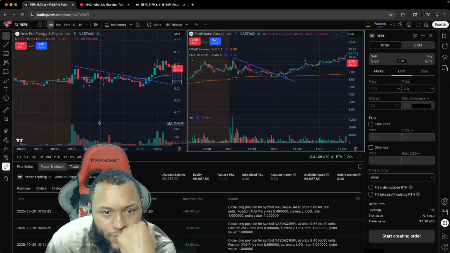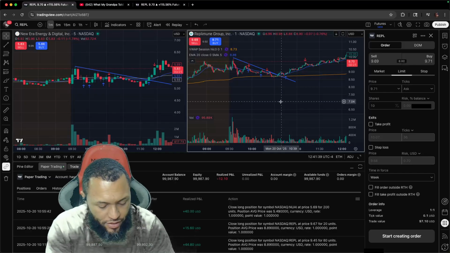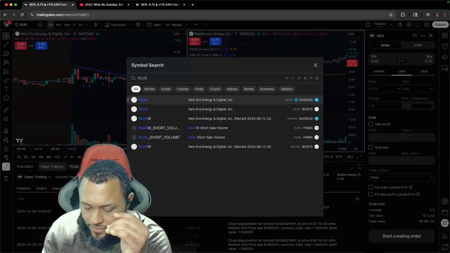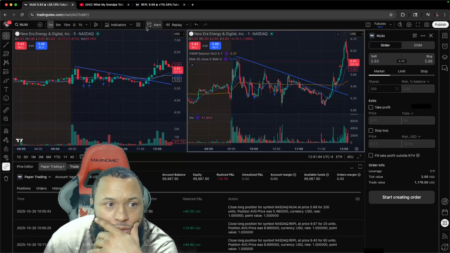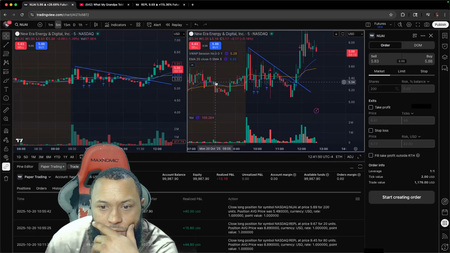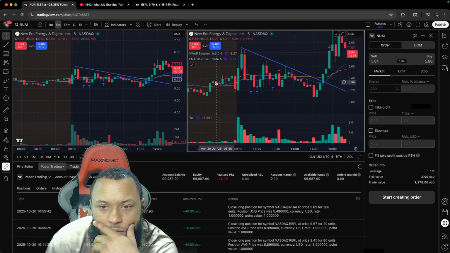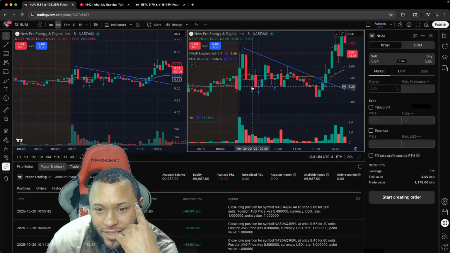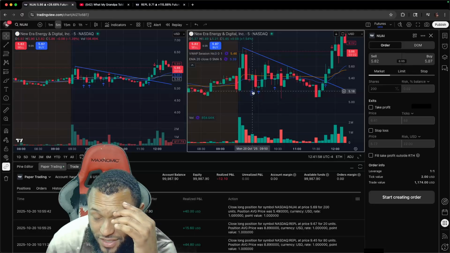But yeah, so new era, NUAI. Five here. Yes, I really don't like this entry on this candle. Everything's still wide range. Still really at this point need to wait for things to shake out a bit.